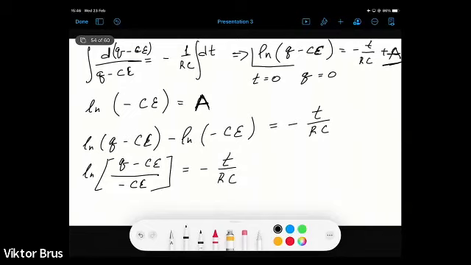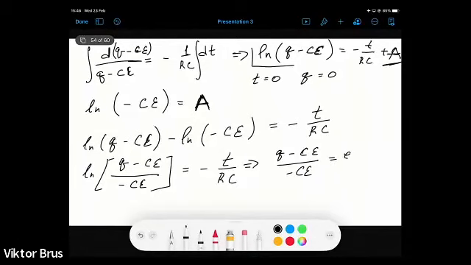Okay, so now we want to express q as a function of time. For that purpose, we need to take the left and right side to the exponent to get rid of the natural logarithm. So that will be q minus c epsilon divided by minus c epsilon.